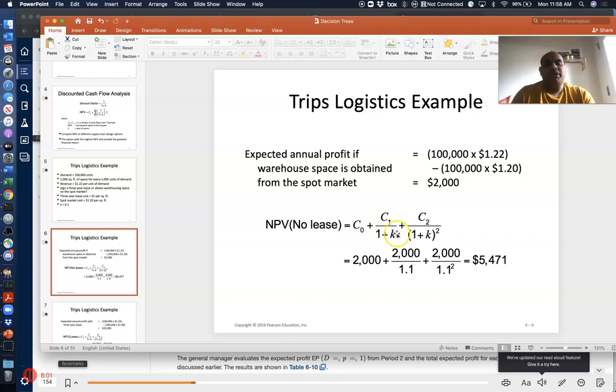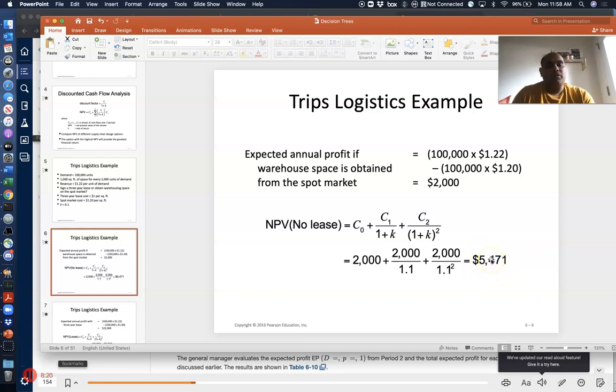We are looking at this over 3 years, so it's 2,000 right now, plus 2,000 1 year in the future, plus 2,000 2 years into the future. And if you add this all up, the value of this is $5,471.